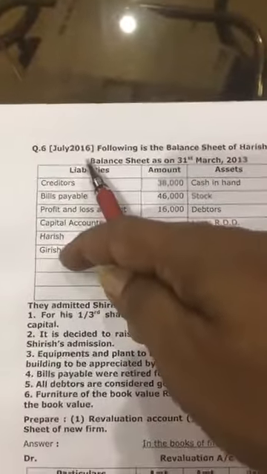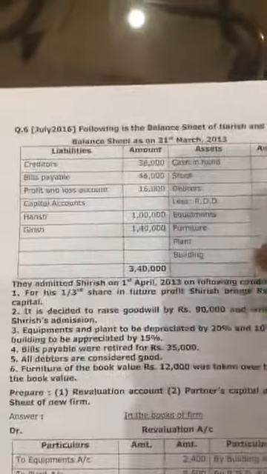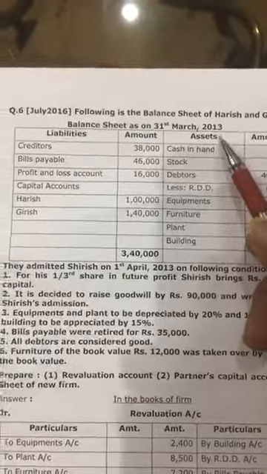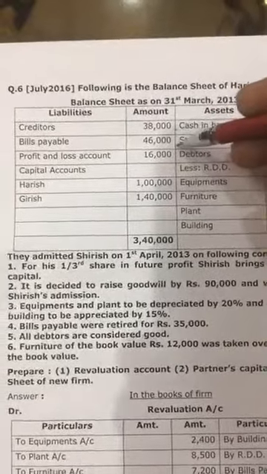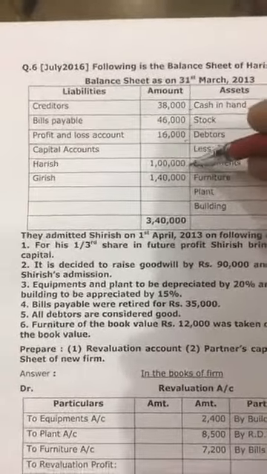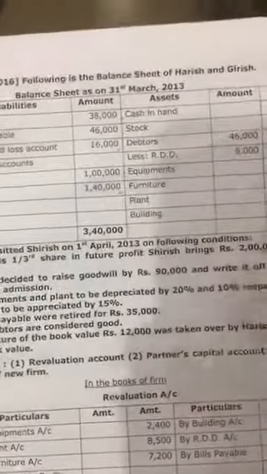This is July 2016. Following is the balance sheet of Harish and Girish. Balance sheet as on 31st March 2013. Creditors, bills payable, profit and loss account, capitals of Harish and Girish, 1 lakh and 1 lakh 40.